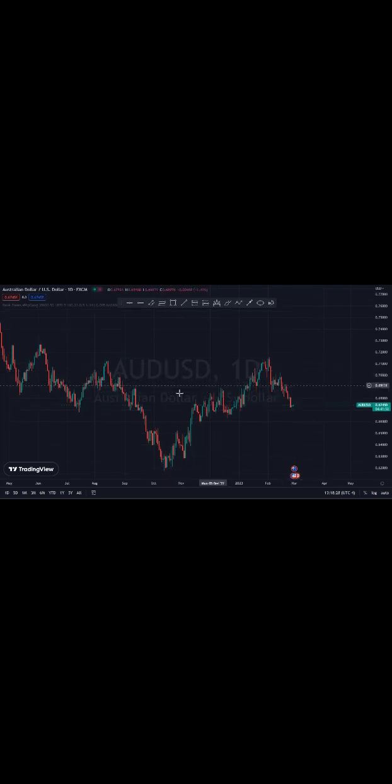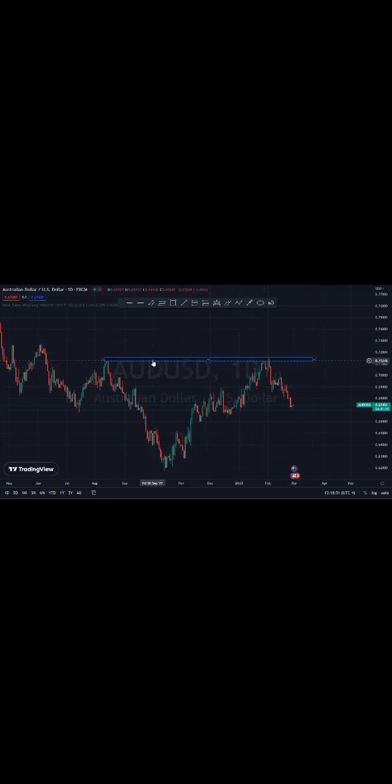So as you can see now, I'm looking at AUD/USD, and I'm on the daily time frame. The first thing I want to do is find my current high for my resistance. I'm gonna spot this out as my current high and as my resistance.